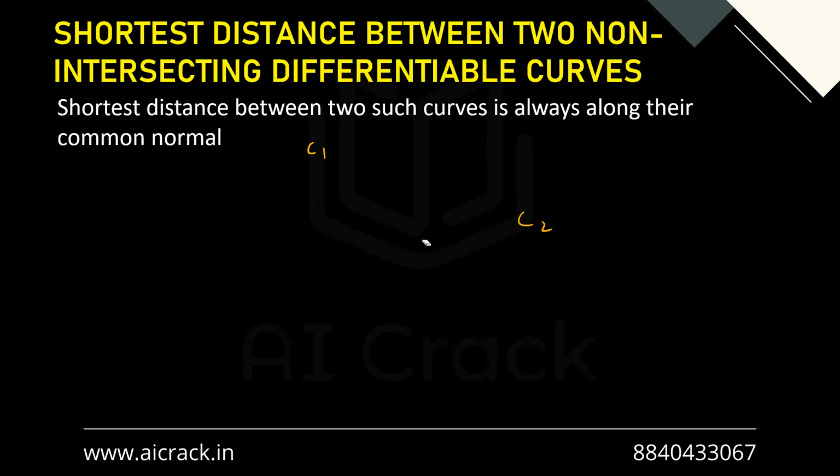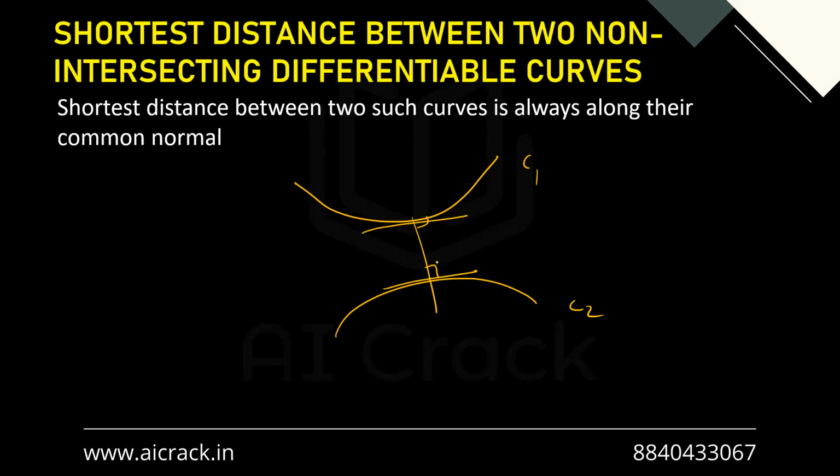So let's see how this happens. Basically, we'll be taking these two curves, C1 and C2, and we have to find the common normal between the curves. We'll be given some data points through which we can calculate the slope of this particular normal, or the slope of either of the tangents, basically equal slope tangents.